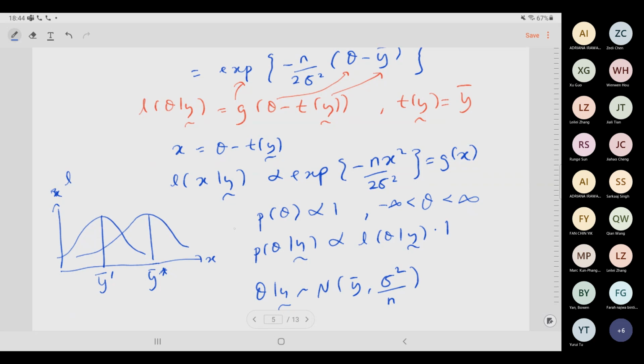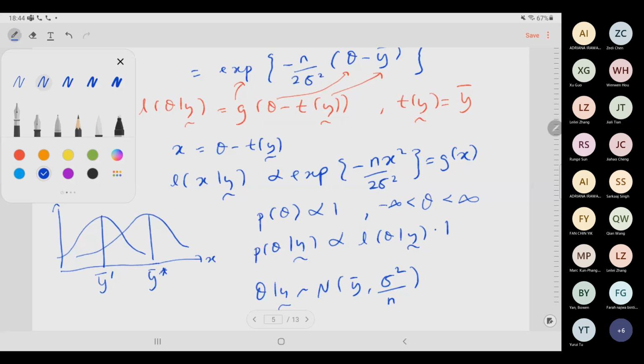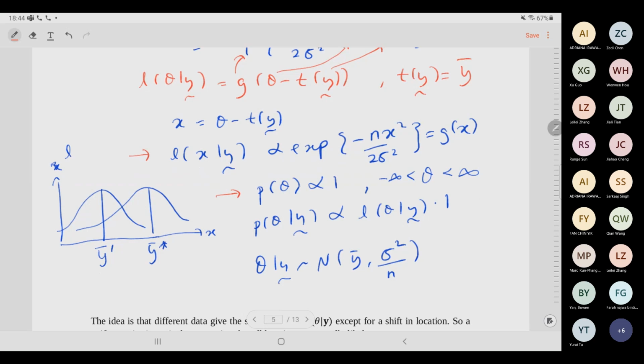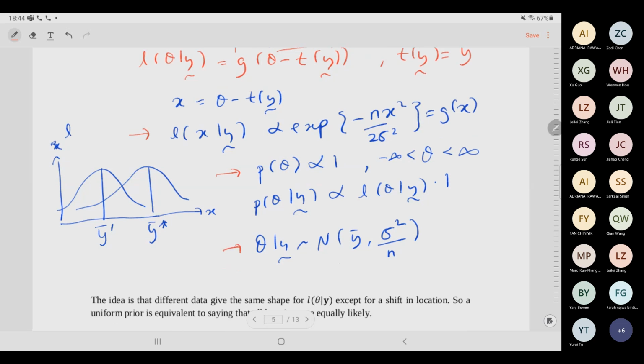So this implies a data translated likelihood, and it suggests a flat prior for your theta. That's why you get 1 here, which is also an improper prior, and it results in your posterior having a normal distribution with the mean and variance as given.